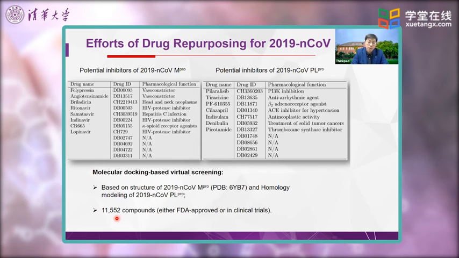Those compounds are either FDA approved or have entered into clinical trials. On this table, the researchers have reported quite a lot of potential drugs that can work as potential inhibitors for Mpro or PLpro. However, further evidence is needed to support these drugs' use in the clinic.